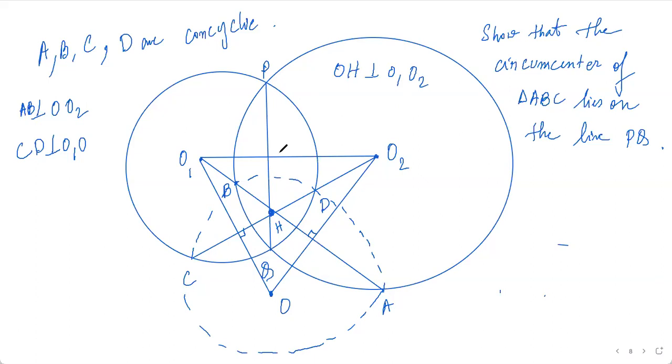Because I know already that PQ is passing through the point H and is perpendicular to O1O2. If I can show that OH produced is also perpendicular to O1O2, then these two straight lines have to be the same, because from the point H you can't have two different perpendiculars on the same line O1O2. So that's the idea.